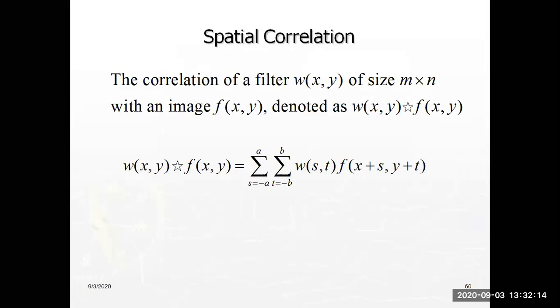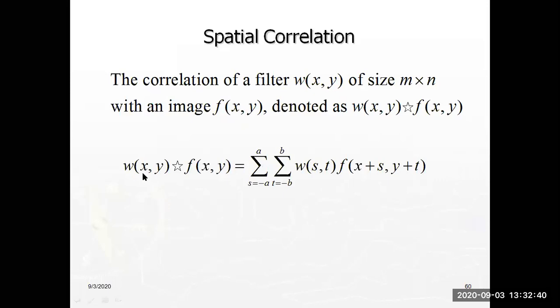So simply, how are we denoting and specifying the image? Generally, the correlation of a filter w of x comma y of size m×n with an image f of x comma y is denoted as w of x comma y star f of x comma y. Just like normal signal correlation, here also there are two images.